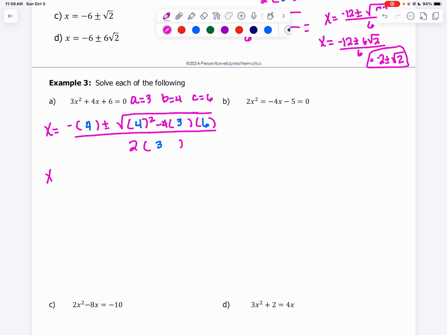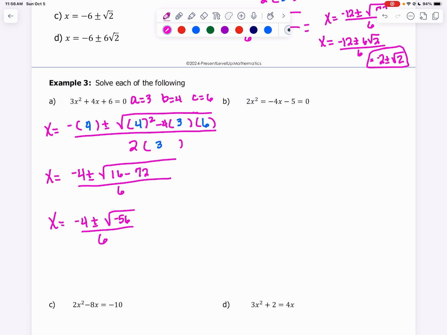All right, so the opposite of positive 4 is negative 4, plus or minus the square root. This would be 16 minus 4 times 3 is 12. 12 times 6 is 72. And 2 times 3 is 6. So negative 4 plus or minus square root 16 minus 72 would be negative 56 over 6.